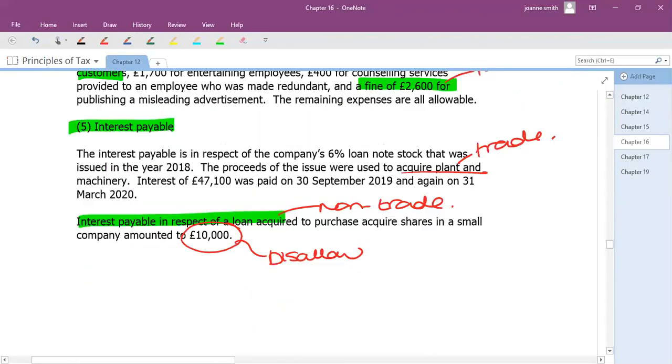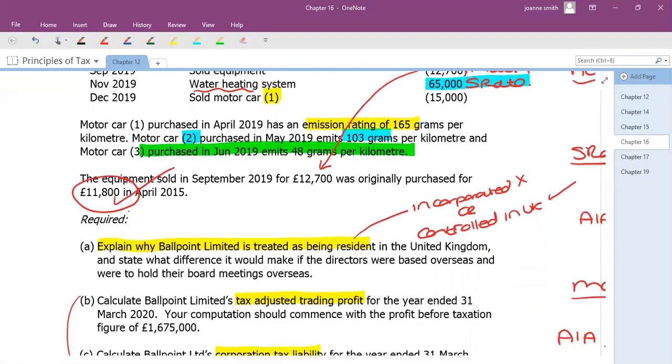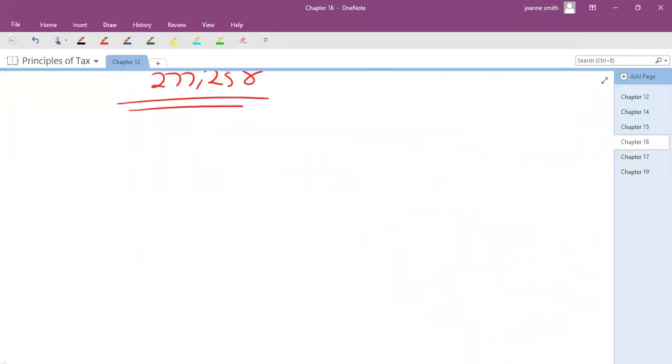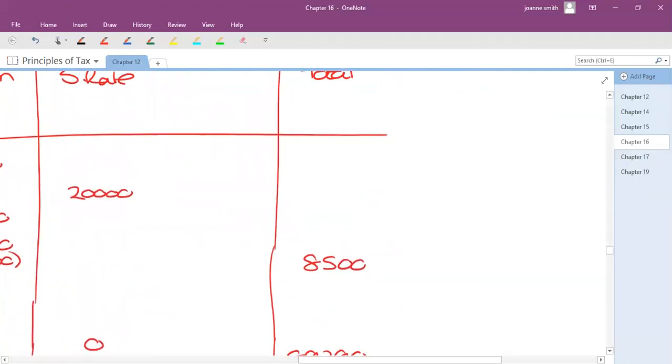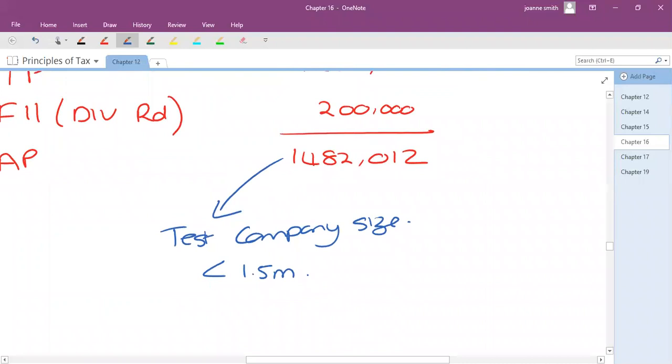So I'll read down the bottom, see if it tells us anything. No, doesn't mention anywhere it's part of a group. It does say it was a large company last year. All right, so last year it was large, but it looks like this year that it isn't. And companies can move in and out of being large because obviously it depends on their profitability.